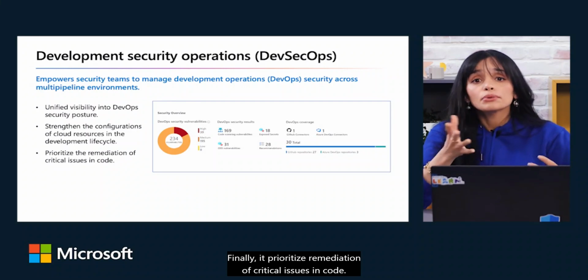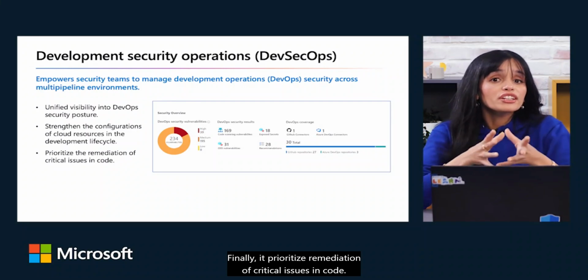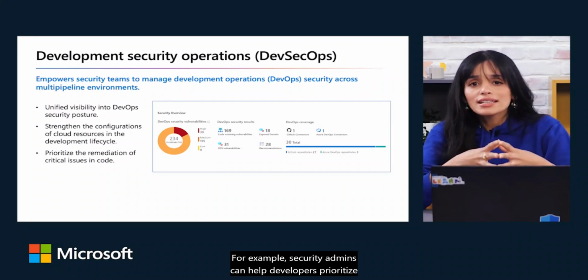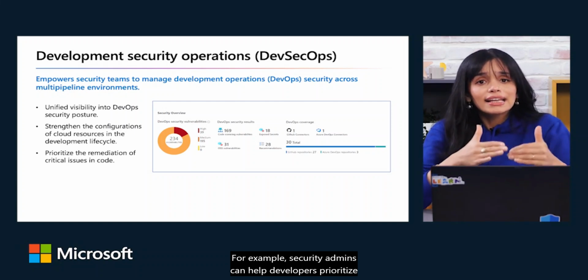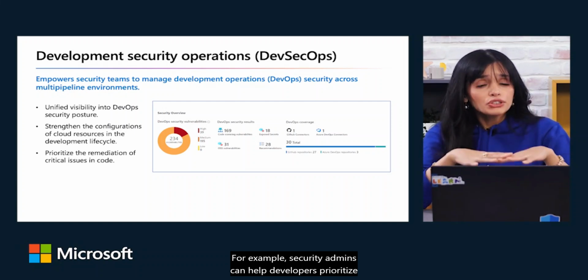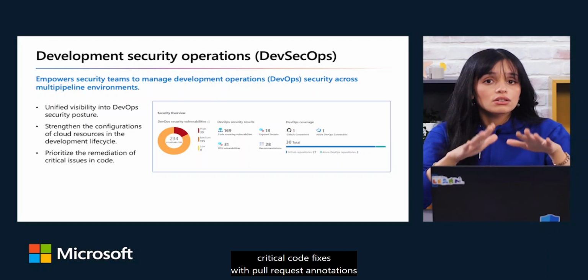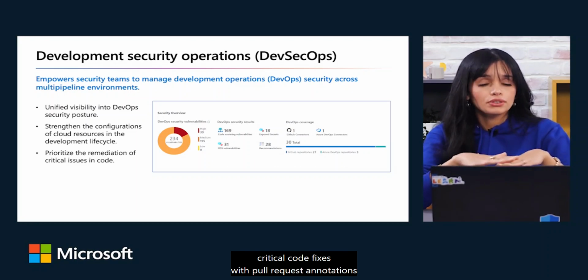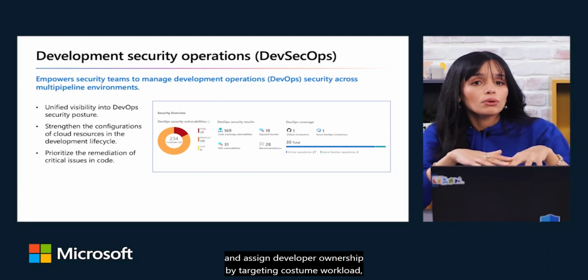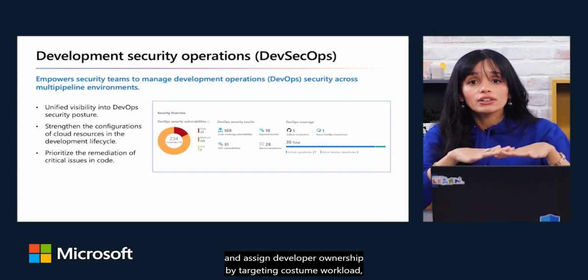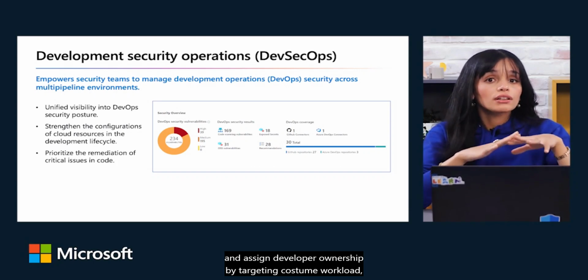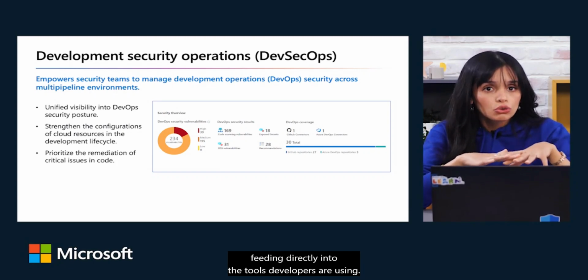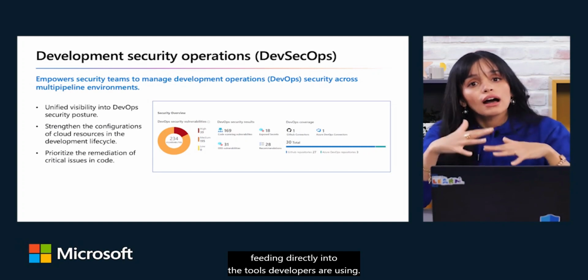Finally, it prioritizes remediation of critical issues in code. For example, security admins can help developers prioritize critical code fixes with pull request annotations and assign developer ownership by targeting custom workflows feeding directly into the tools developers are using.